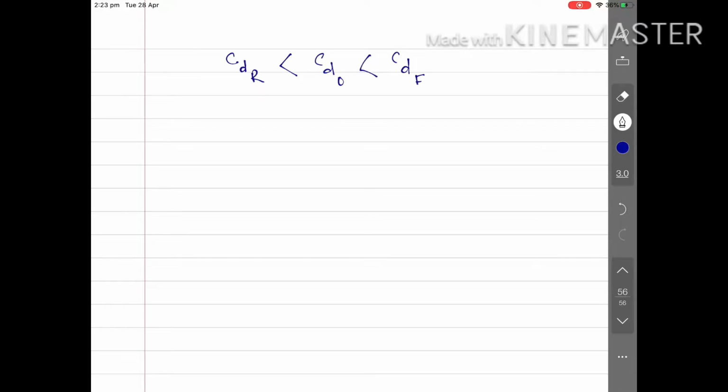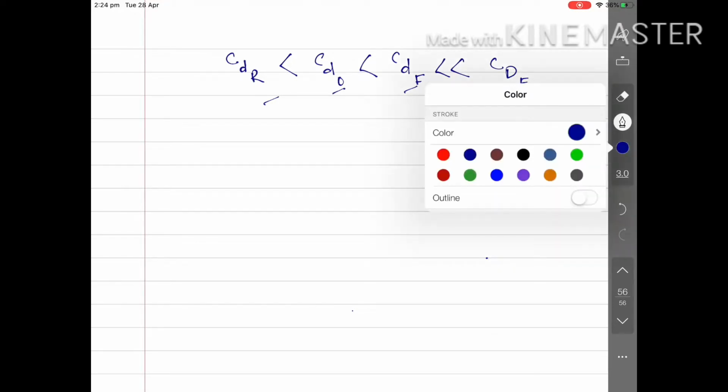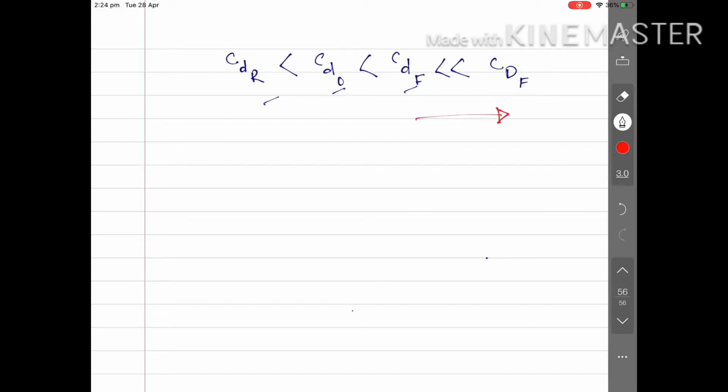So when we compare this depletion capacitance with the diffusion capacitance, we see that the diffusion capacitance in forward bias is much higher than the depletion capacitance in any of the biasing, whether forward bias or reverse bias. So this is what the statement in option D says.